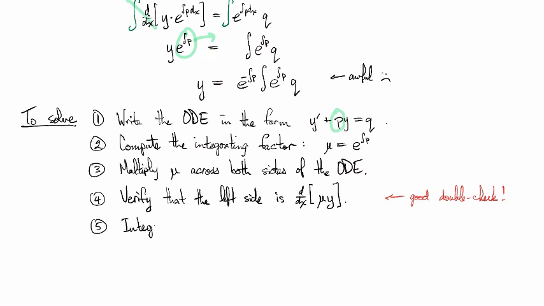Then you can integrate both sides. And on the left, you'll have y mu. And on the right, you'll have whatever that stinking integral was.